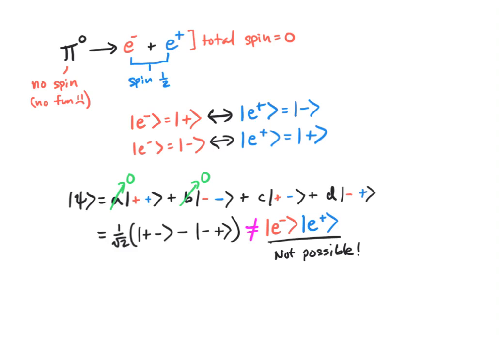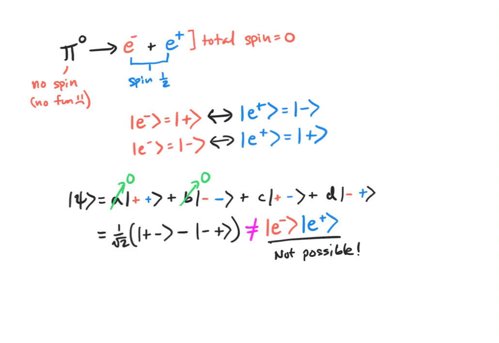And so when you have a system of multiple particles and the states of those particles are dependent on each other, maybe because of the way they were produced or maybe because of something you've done to them, in these circumstances there is no way to describe the system as 2 separate particles.